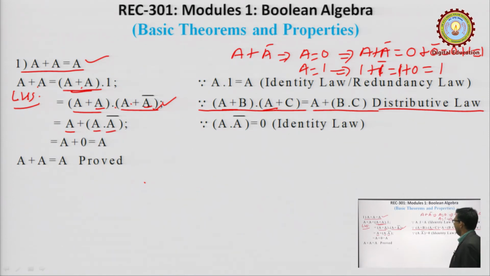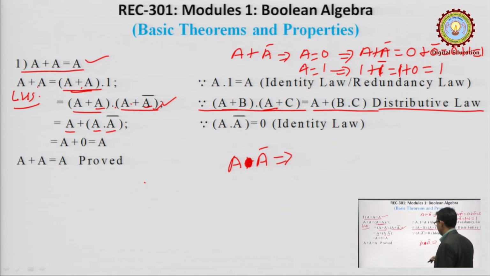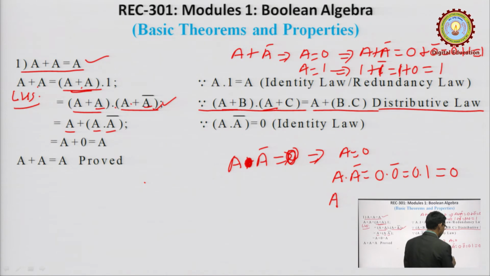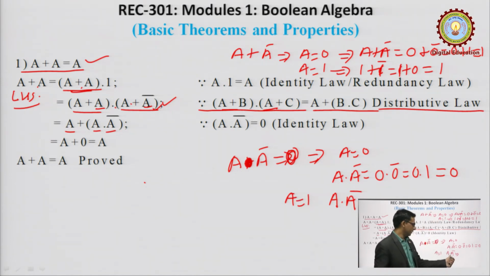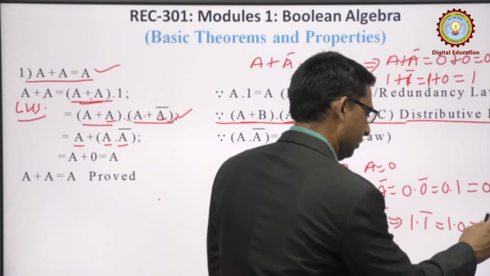And from here, we can find out A dot A bar is equal to what? Let us assume it is 0 and verify. If A is equal to 0, then A dot A bar is 0 dot 0 bar, or 0 dot 1, which is 0. Now in the case of A equal to 1, A dot A bar is 1 dot 1 bar, equal to 1 dot 0, and the output is still 0.